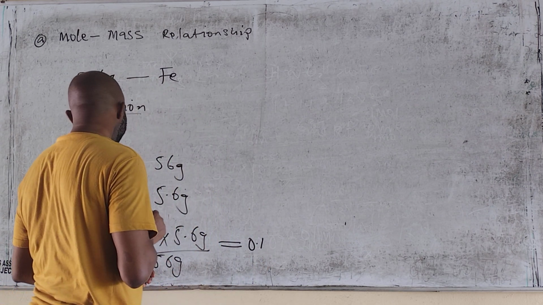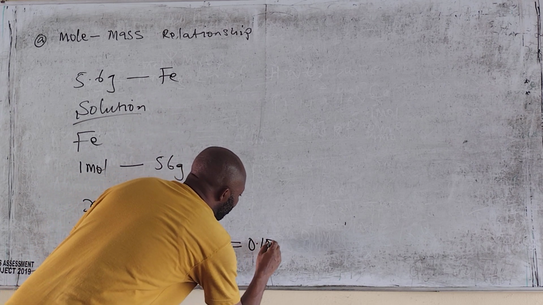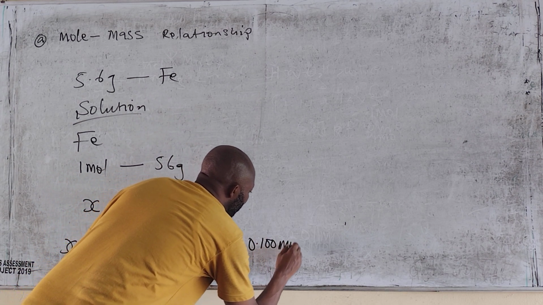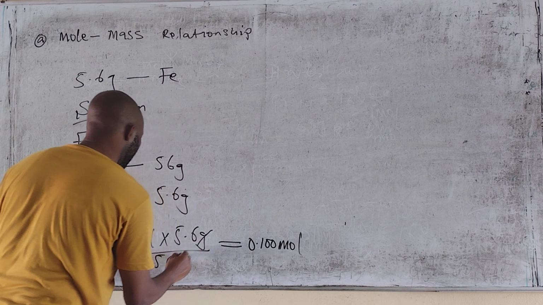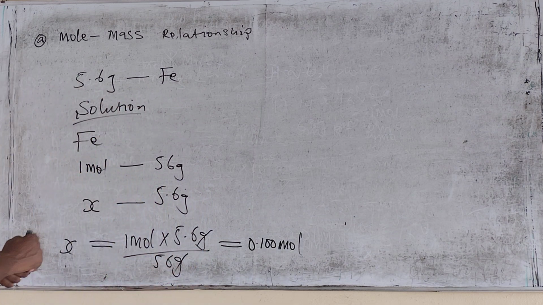Chemistry will require 3 significant figures, so it becomes 0.100 mole. The gram cancels the gram. So this is our third question.